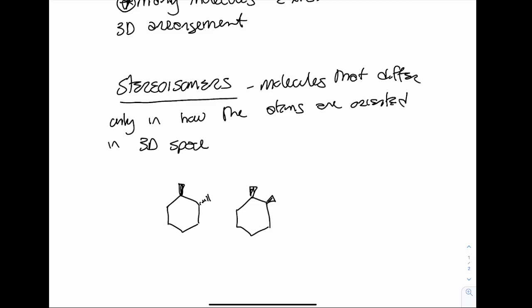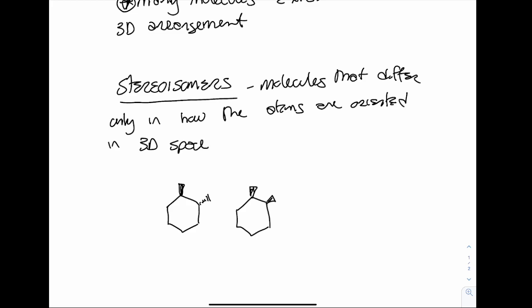The one on the left, one's coming forward, one's going back, so they were trans. The one on the right, they're both coming forward. They could both be going back, but they're on the same side, so they're cis. So with the exception of the cis-trans prefix, they would have the same name. Same atoms connected to the same atoms. It's just that they're connected differently in three-dimensional space.